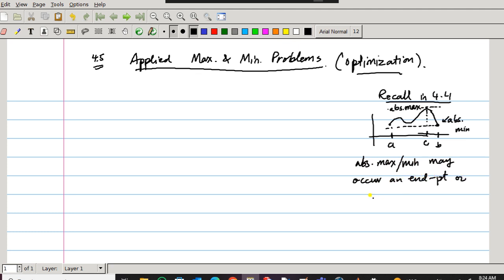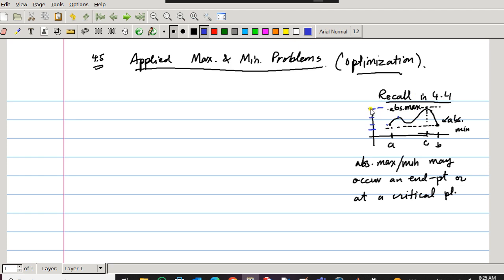So what we do, we find critical points of the function and we calculate the function values. For example, the function value at the first endpoint, the function value at a is here, the other critical point is this one, so this is the second value, the third value is this one, and this is the last endpoint.